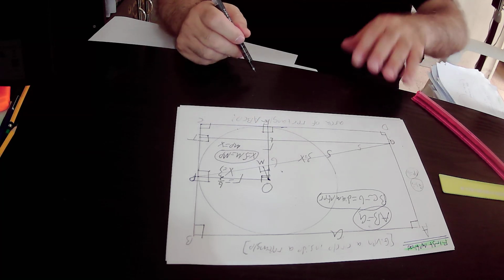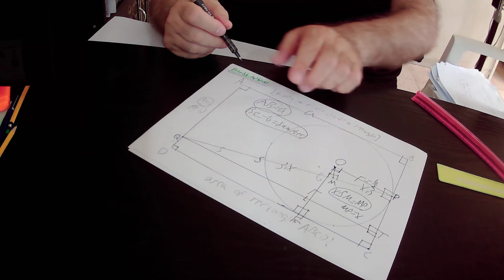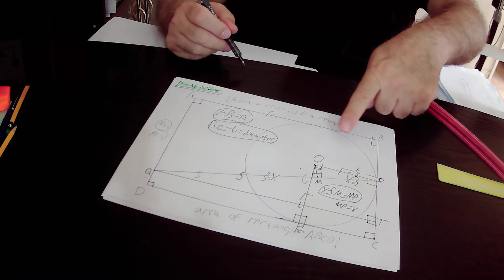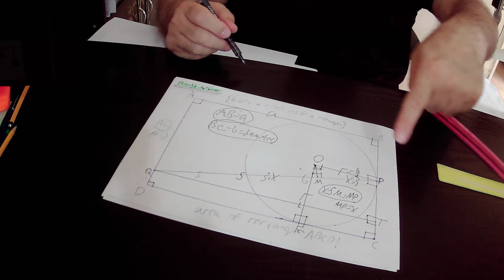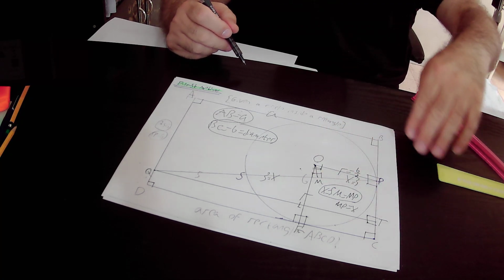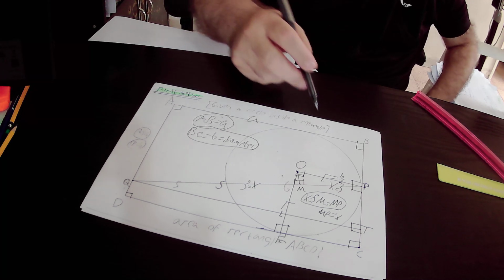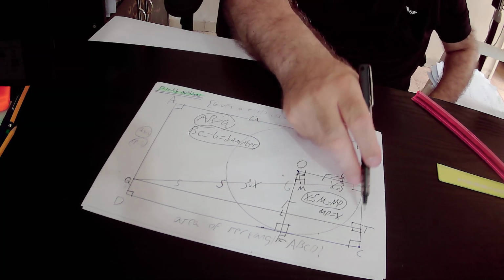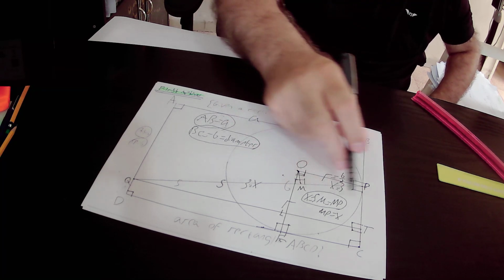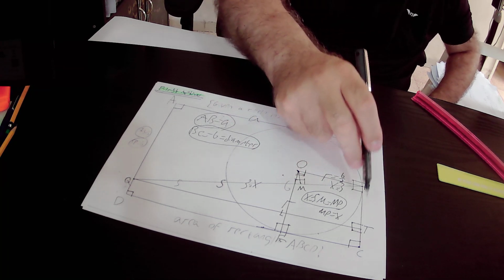So here we actually created quadrilateral QPLT. Inside quadrilateral QPLT, we have 1, 2, 3 right angles.